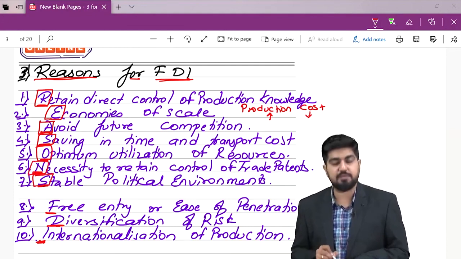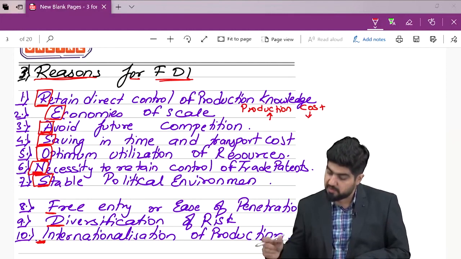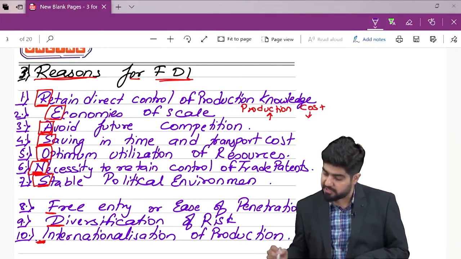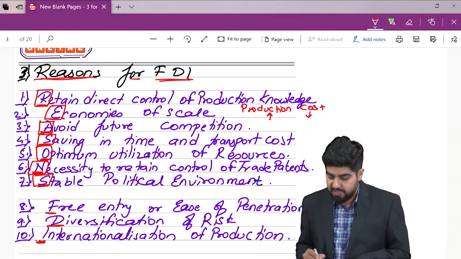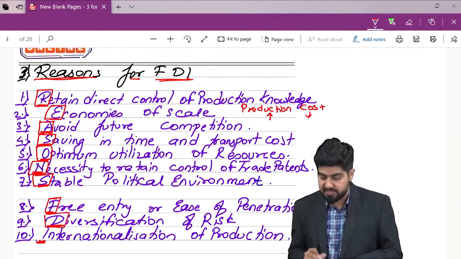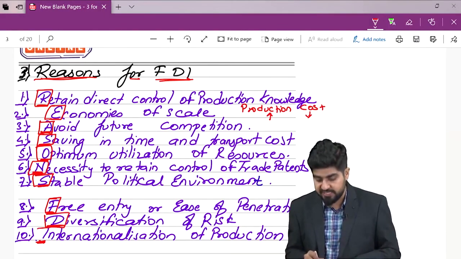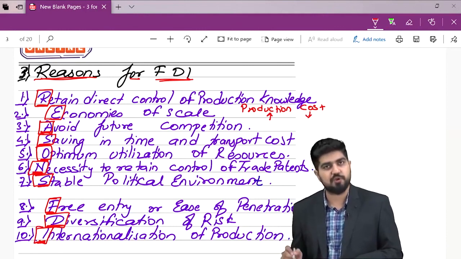S will be stable political environment. Next part is FDI, where first F is free entry and ease of penetration. D will be diversification of risk, and finally, friends, I stands for internationalization of production.